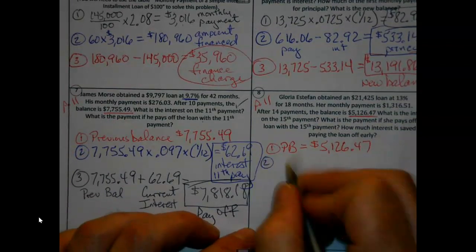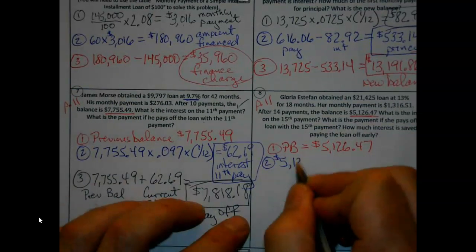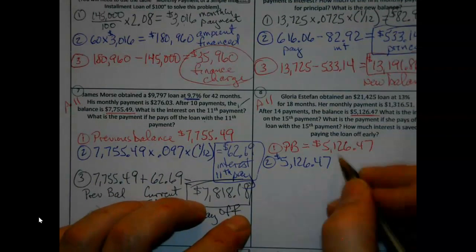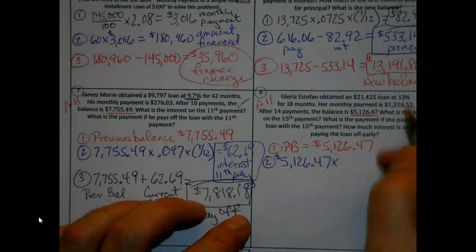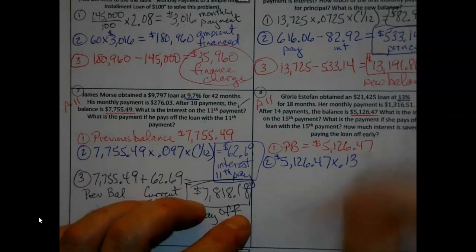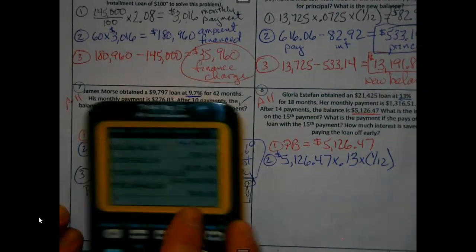Okay. Just using this as my guide. My previous balance times that ridiculously high, crazy interest rate. Still times a 12th because we're only calculating it for a month.